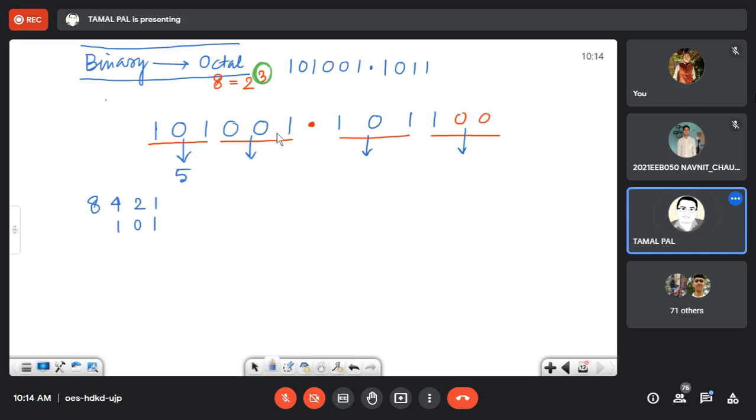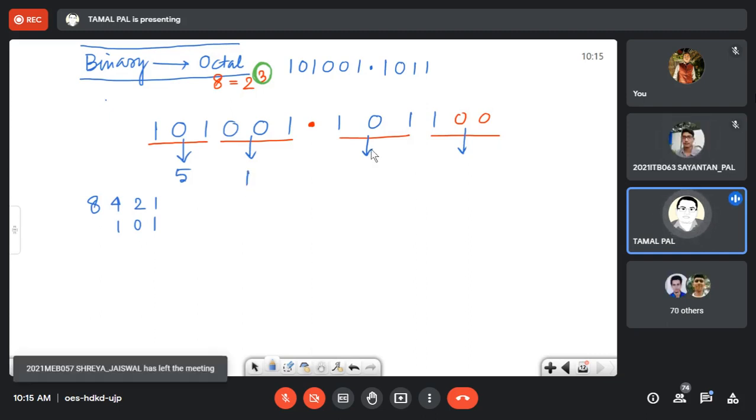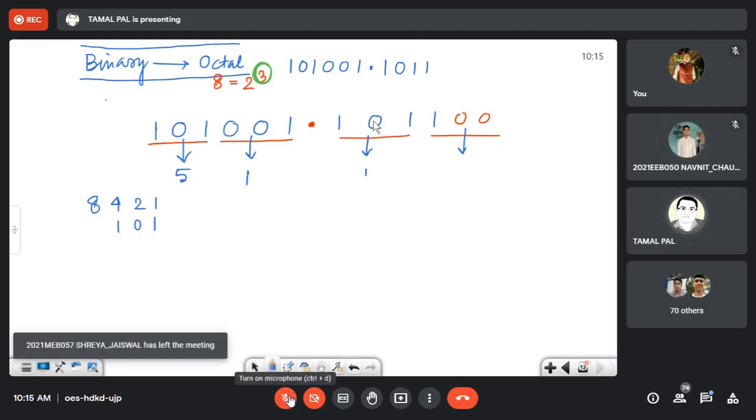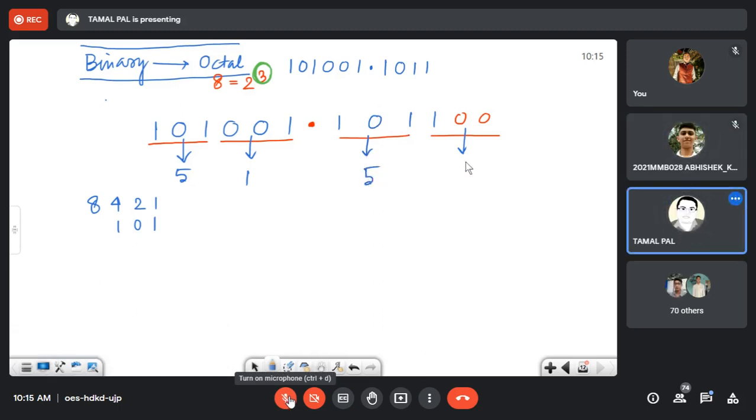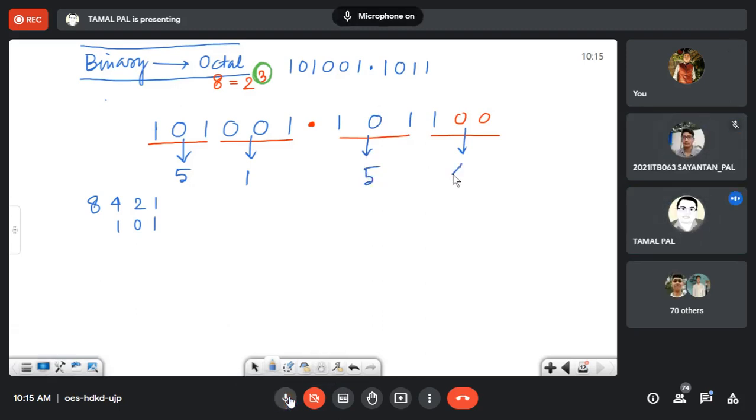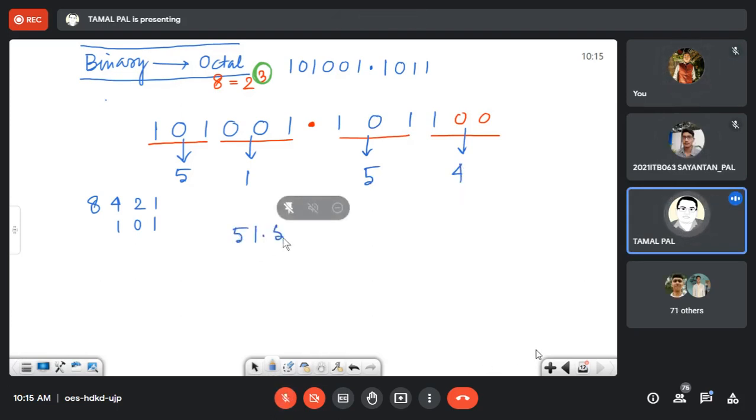Similarly, tell me, what is it? 0, 0, 1. Any problem? 1. Then 1. This is 5. This is 4. So it's nothing but 51.54.